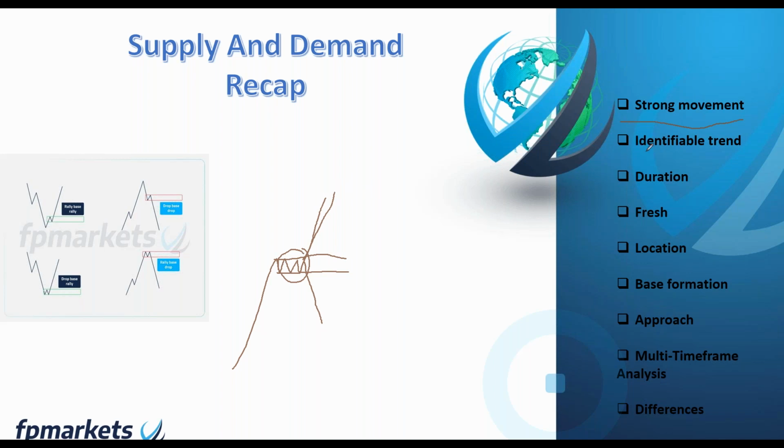So, identifiable trend. This should be really self-explanatory. I look for rally-based rallies or drop-based drops to form within defined trends. Of course, the market is fractal and there are trends on different time frames.